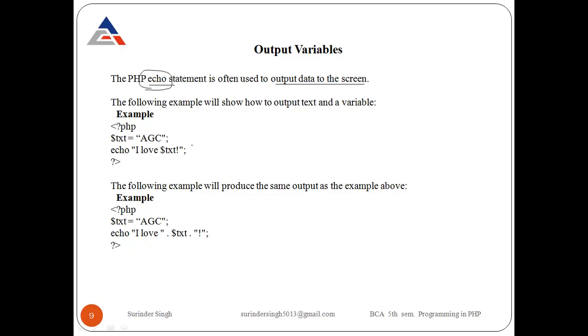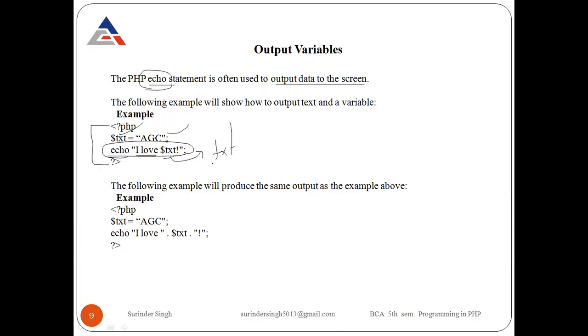Like in this example, there is only PHP code. txt is a variable of string type holding AGC. Then we print I love, followed by the variable txt. When this statement is executed, it prints I love AGC.